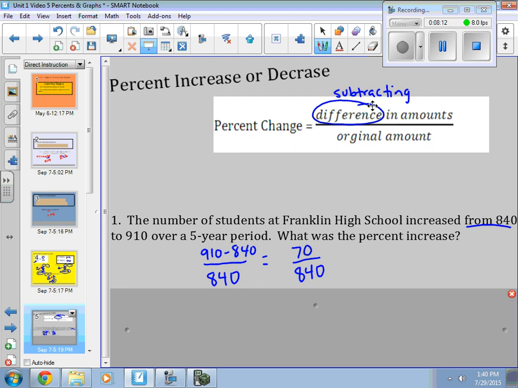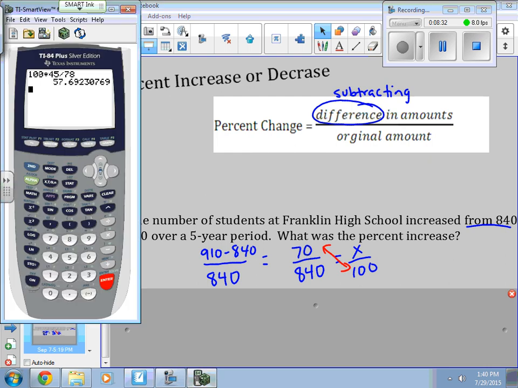So you can either divide these and then move the decimal point over 2 times like we did before. If you want to, you can set it equal to what percentage out of 100 and cross multiply and divide. And that way also works, however you want to do it. Let's do it that way. Let's cross multiply and divide here. So if we go on our calculator and do 70 times 100 and divide by 840, we should get our percentage.